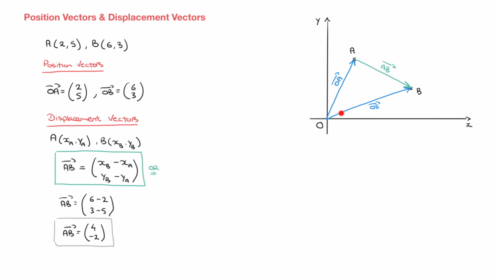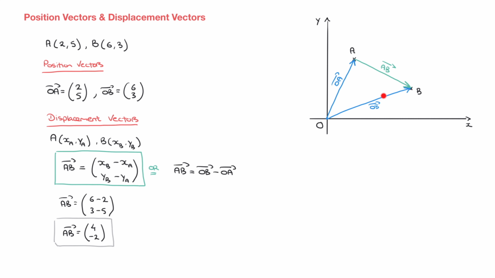Indeed, since both of the position vectors OB and OA start at the origin, and since OB points towards the head of AB and OA points towards the tail, we can use our knowledge of subtraction with vectors to state that the displacement vector AB is equal to the position vector of B minus the position vector of A. Remember, given two vectors which are drawn from the same starting point, which is the case here, a subtraction like this one leads to the vector which tells us how to get from the head of the vector that's being subtracted to the head of the vector we're subtracting from.